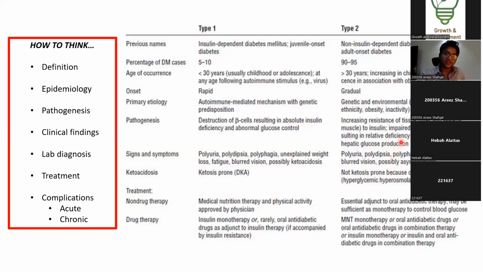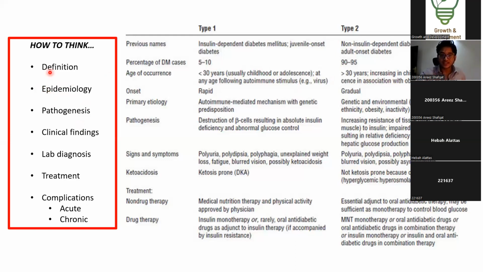You know because of epidemiology, right? If the patient presenting to you is young, normal weight, with other autoimmune diseases, you would think about type 1. If the patient is obese, middle-aged, has family members with type 2 diabetes, you would think about type 2. So that's where epidemiology becomes important.